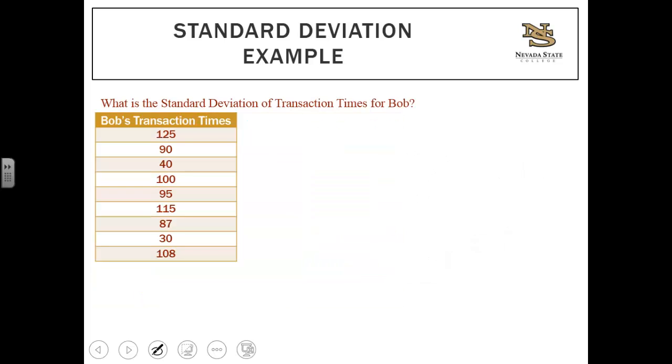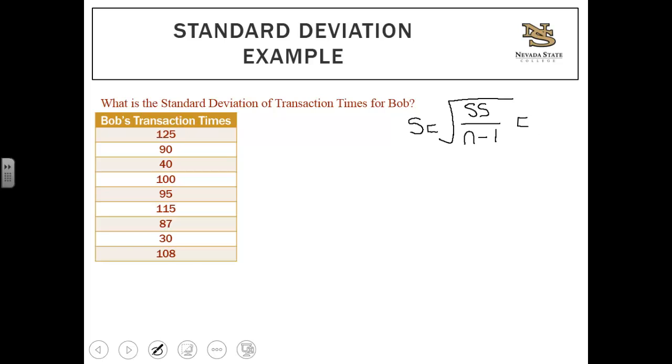Now let's figure out Bob's transaction times. So we're looking at good old Bob here. Let's go ahead and write down our formulas so we can work through this. I know that I'm looking at a sample, so I'm going to write down my sample standard deviation formula, which is the square root of the sum of squares divided by n minus 1.